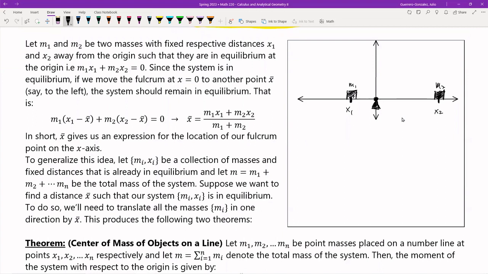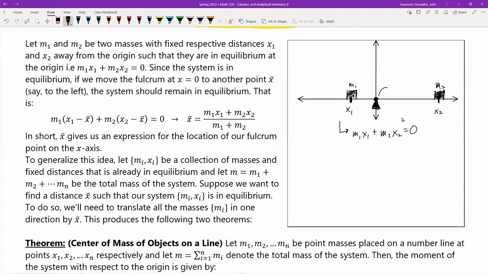If we put our little fulcrum point right here, then we know for this system, M1 x1 plus M2 x2 has to be equal to 0. The sum of the moments is equal to 0. That's what we're given from the statement above. We know that this system is in equilibrium, so the sum of the moments is 0.